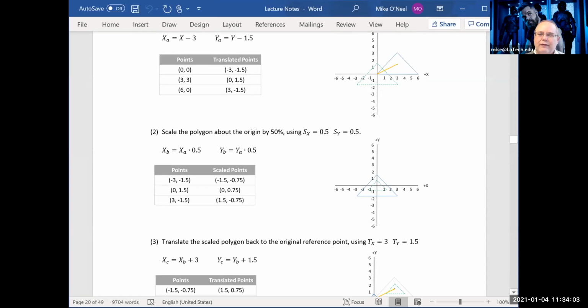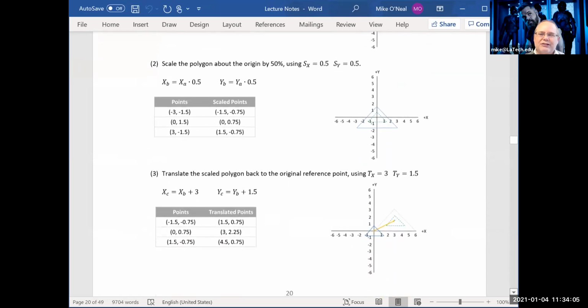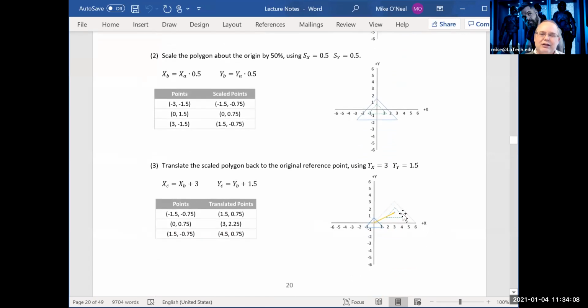I drew it, and then after doing all three steps, I draw again. So what a user sees is the original triangle, and then in the next frame, the next time we draw, it sees the scaled polygon, and to them, it looks like its scaling happened in place because I didn't show any of the magic or the sausage making or whatever you want to call it that happened behind the scenes.